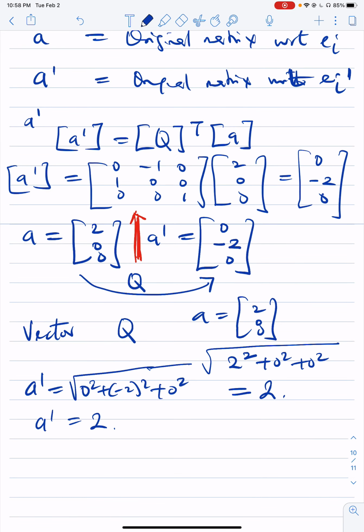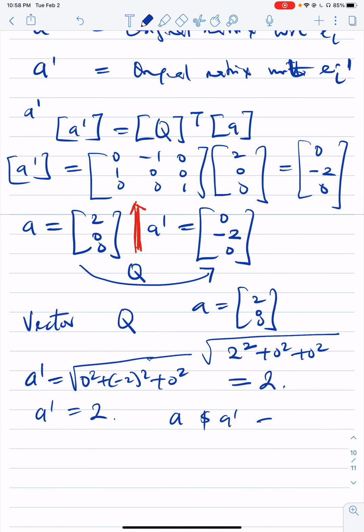Both A and A prime have the same length, or magnitude. It doesn't change, but the components have changed with respect to the basis with which it was defined. One was defined with E sub i, the other with E sub i prime. I hope this helps a lot.